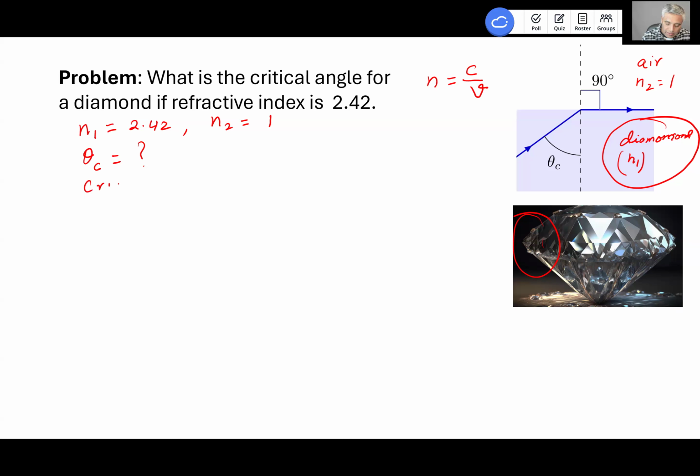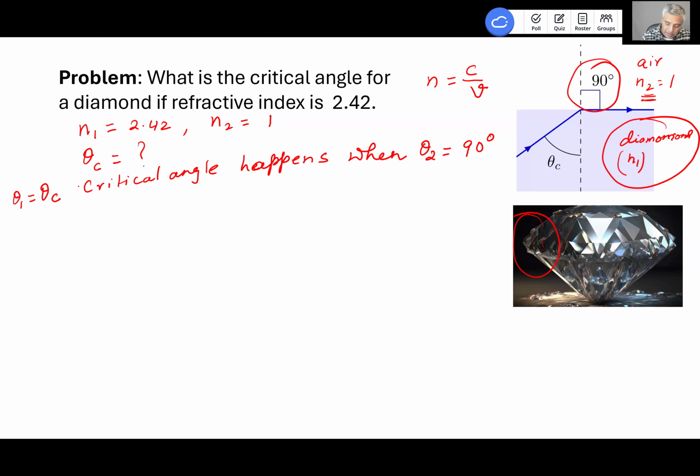So critical angle happens when the angle on this side is 90 degrees. Since I'm giving n2 subscript there, let's say theta 2 is 90 degrees, or we can say theta 1 is theta c when theta 2 is 90 degrees.